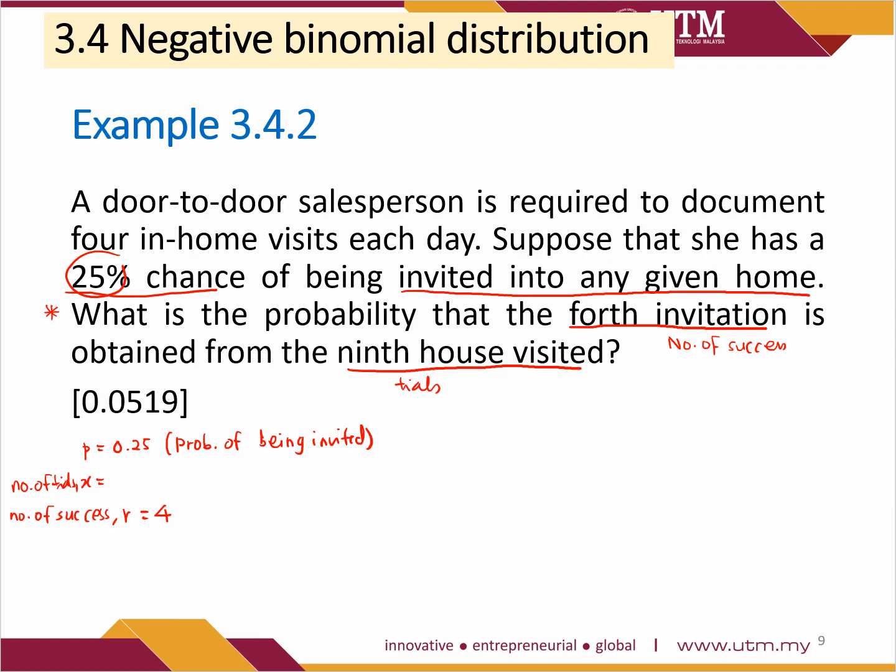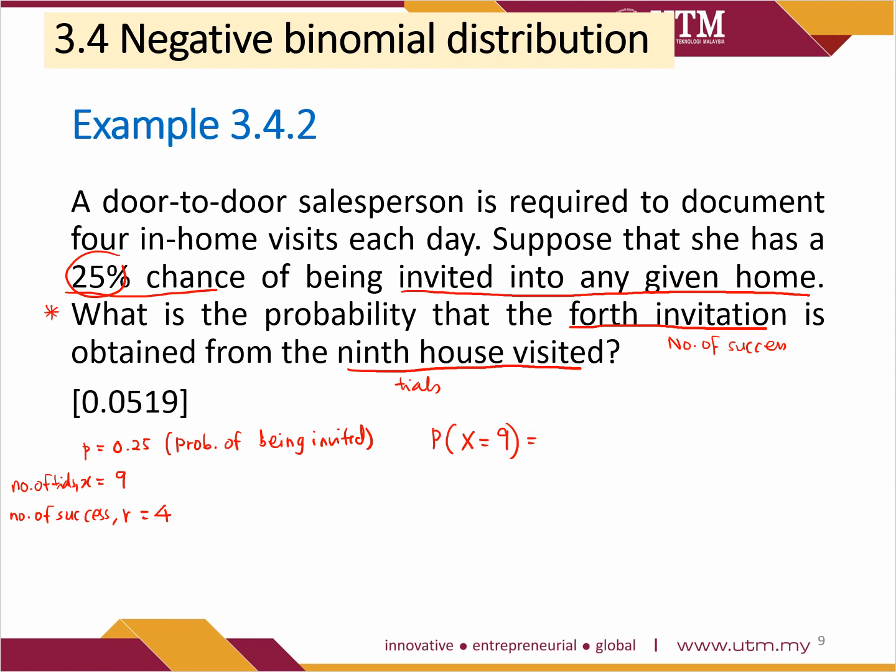So this will be your 9. Remember for the negative binomial, we take into consideration the number of trials, not the number of successes. So X will be equal to the number of trials, which is 9. X is equal to 9.